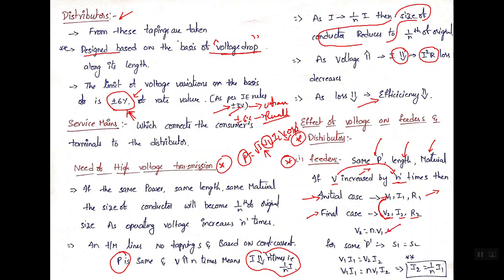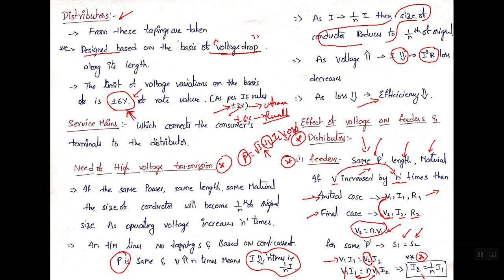Here they have given the same power, so S1 is equal to S2, that is, the apparent powers are equal: V1 I1 is equal to V2 I2. In the place of V2, we substitute nV1. Then V1 and V1 cancel out, and we get I2 is equal to 1 by n into I1.